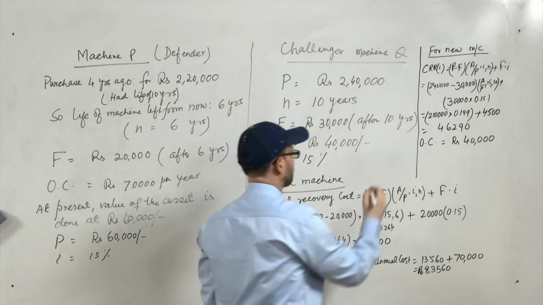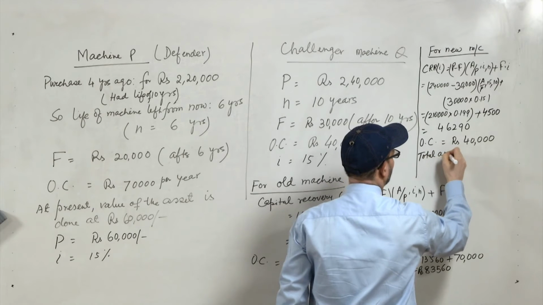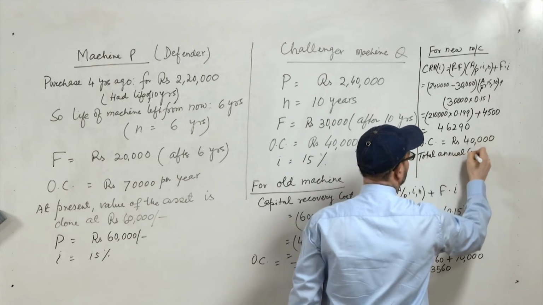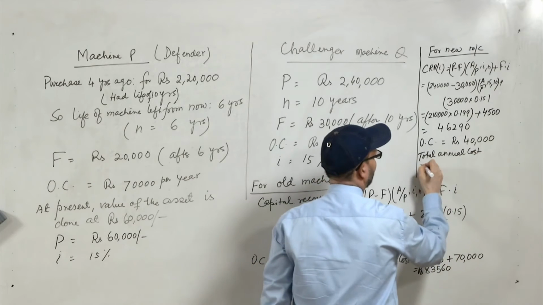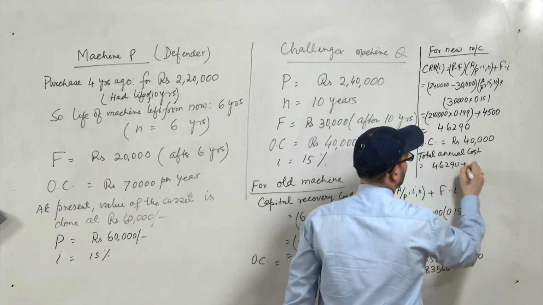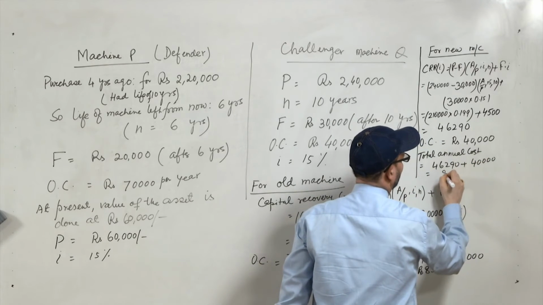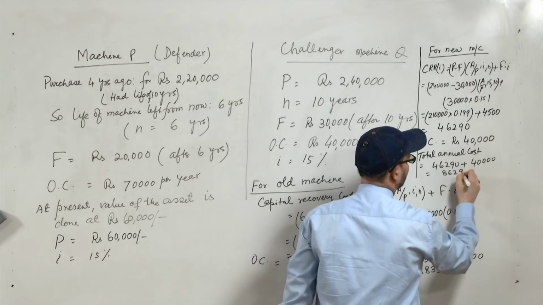So, total annual cost will be 46,290 plus 40,000, equal to 86,290.